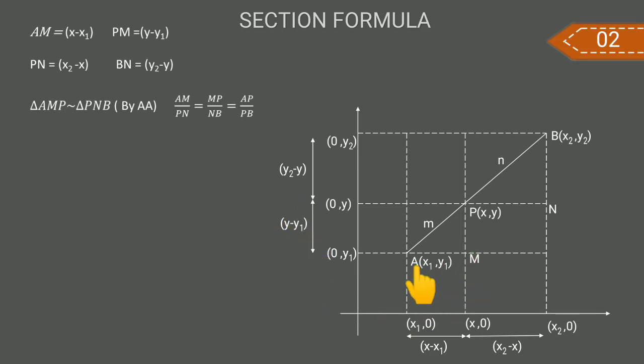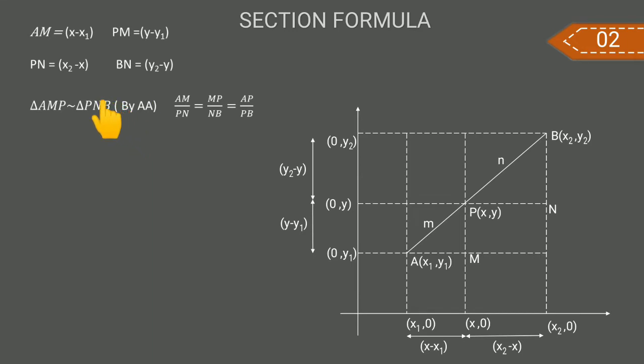Here we have triangles AMP and PNB. First of all, we will prove that these two triangles are similar by the AA condition. We know that these two lines are parallel, and if we take line AB as a transversal, then angle A and angle P are corresponding angles. In the same way, angle M and angle N are both right angles. So these two triangles are similar.